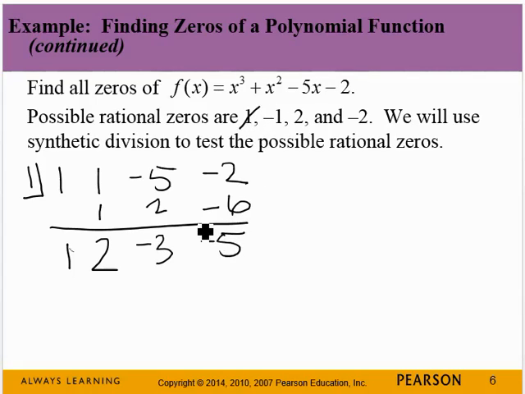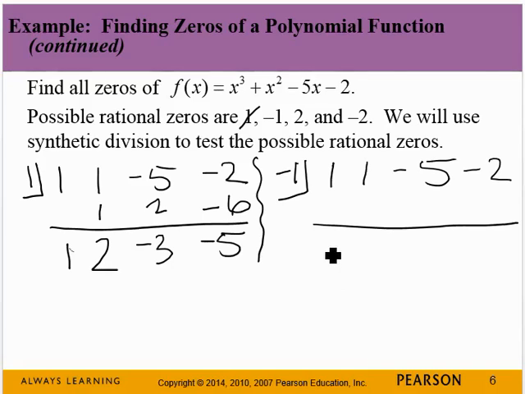So 1 is not a possibility. Let's try negative 1. So this means it's not going to be negative 1 either.